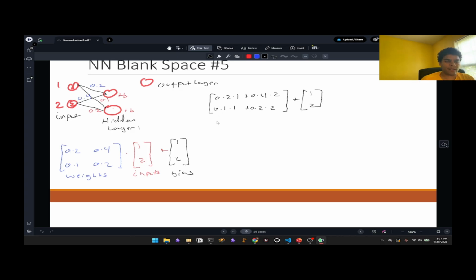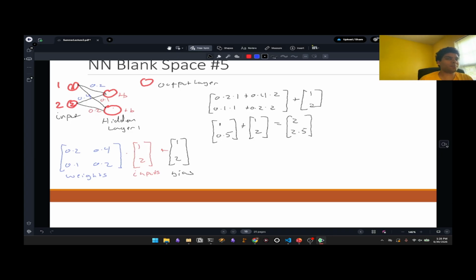Okay, so now we have 0.2 plus 0.8, which is going to be 1, and then 0.1 plus 0.4, which is going to be 0.5. Again, we have to add the bias, and that is going to be 2 and 2.5.